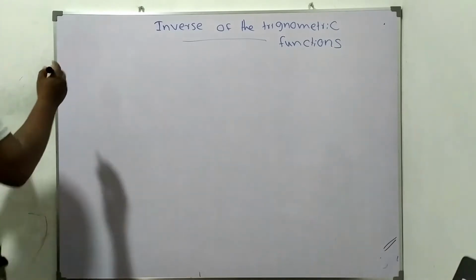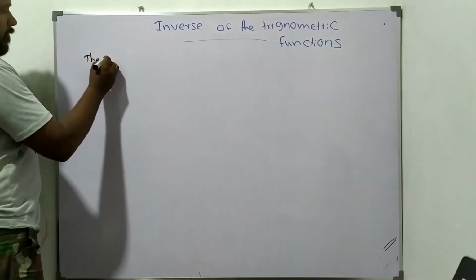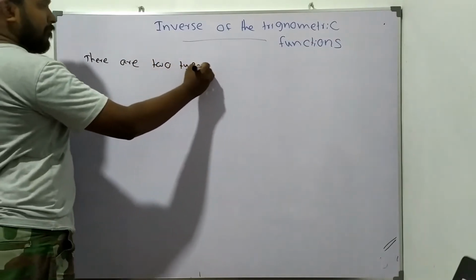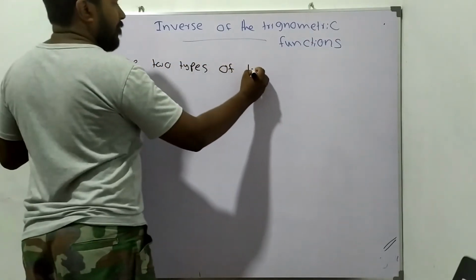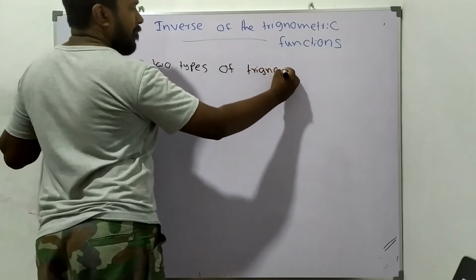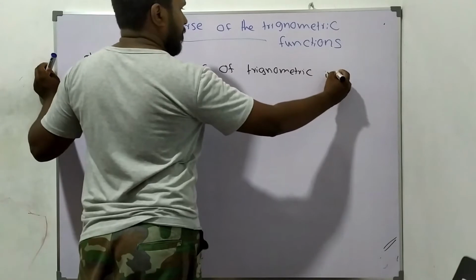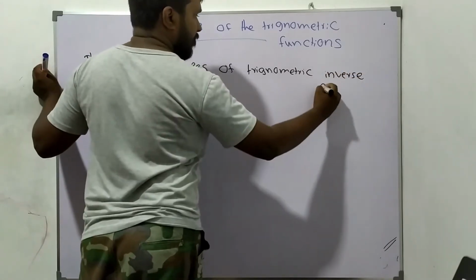Right. So according to our advanced level, there are two types of trigonometric inverse problems.